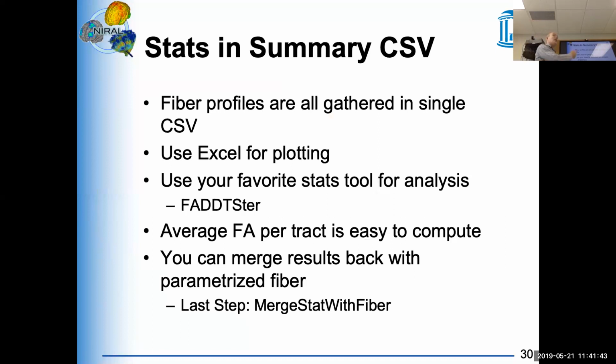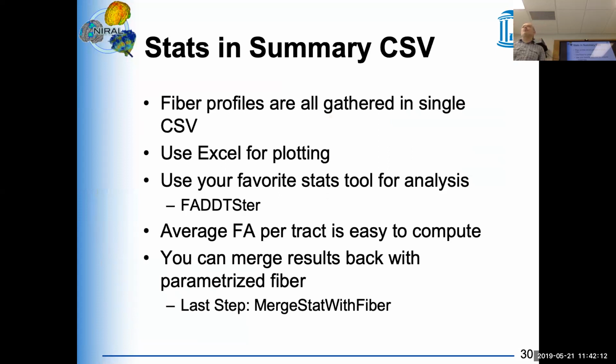You can also easily load this into Excel and plot your profiles by yourself. If you're interested, you can nicely chart those. You can also easily compute an average FA per tract, which is averaging the whole profile, if that's what you want to do. And we also have additional tools that take this profile and subdivide it into parts of consistently high FA regions.